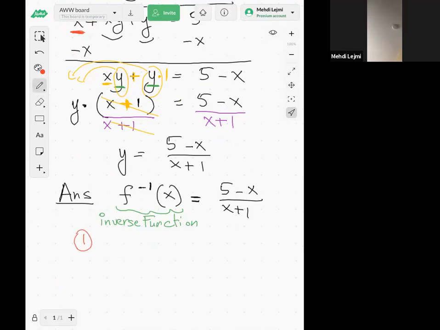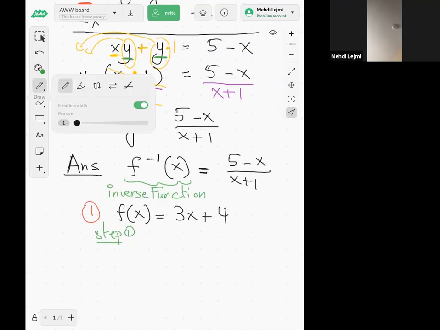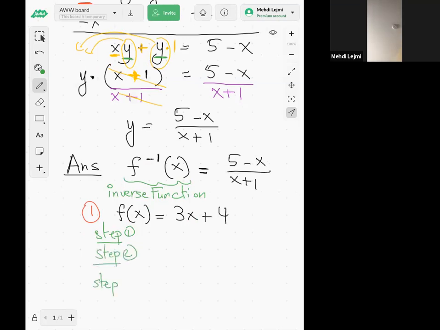Number 1 is not really hard. For number 1, you have f of x equals 3x plus 4. Let me write down the steps for you. Step 1, step 2, and then of course the last step. Step 1, you replace f of x by y.